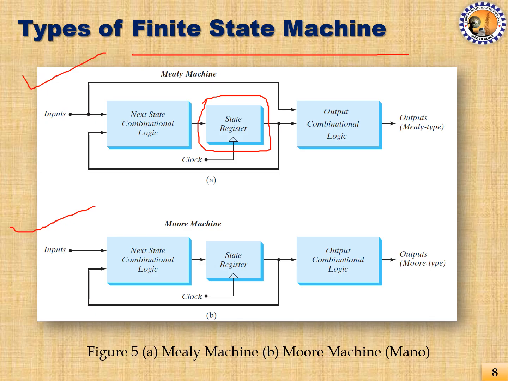Various types of flip-flops can be used. There can be a combinational logic, which is called next state combinational logic, and there can be output combinational logic. From the state register, there will be a feedback to the input of the next state combinational logic, and then the circuit input will also be applied to this based on some logic that has been implemented over here.